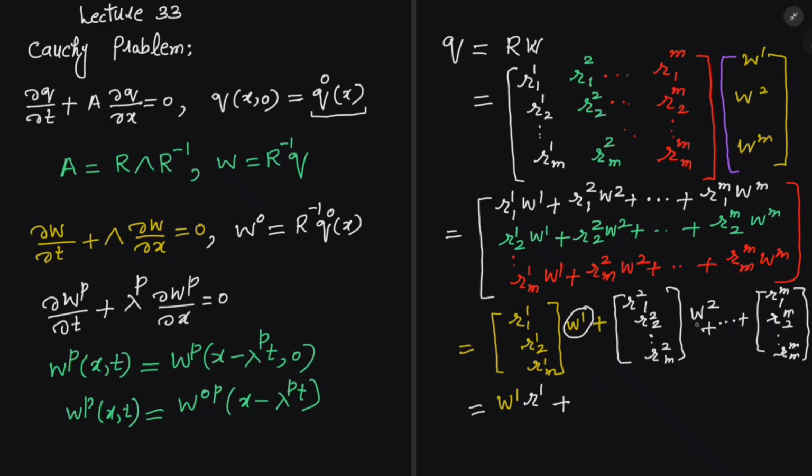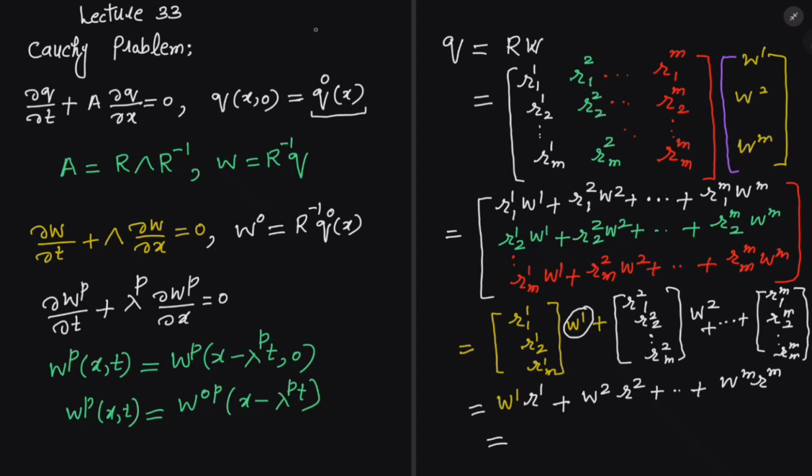Similarly, you can move w2 to the left hand side, and that is r2. Remember that r is a column vector. Plus this is wm, and that is rm.